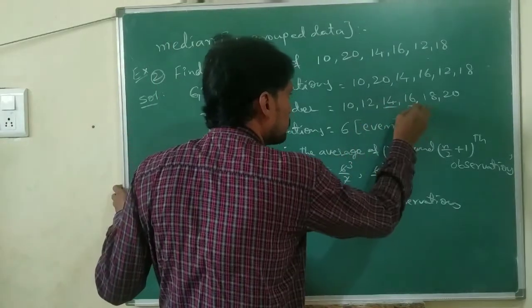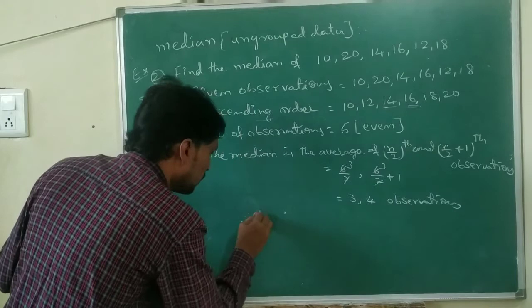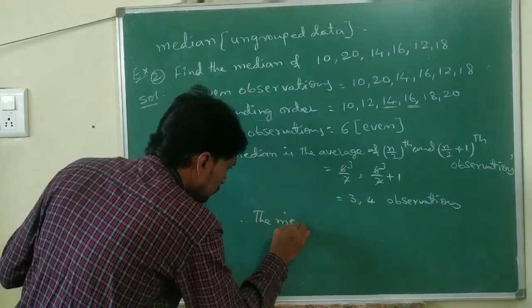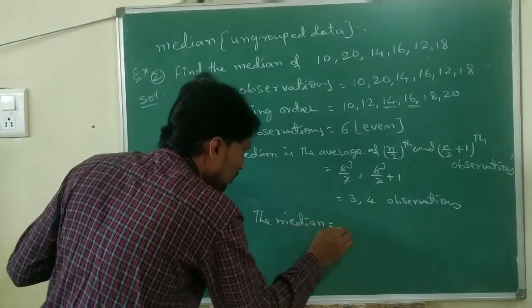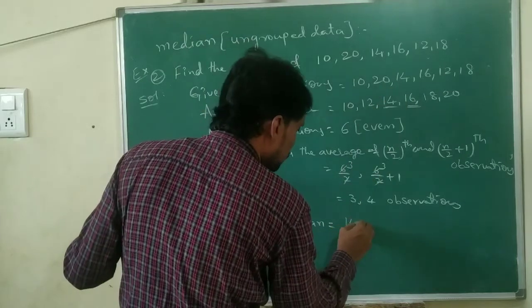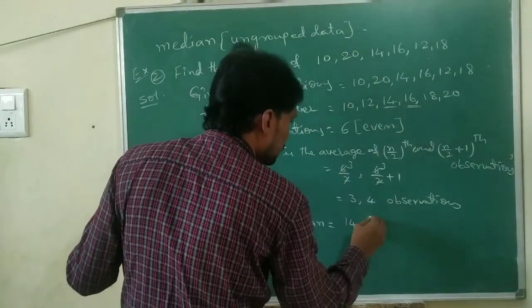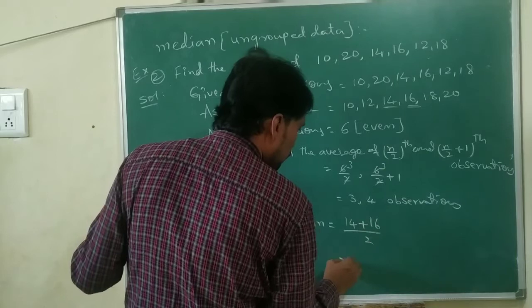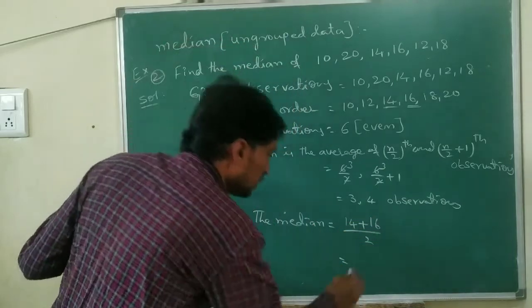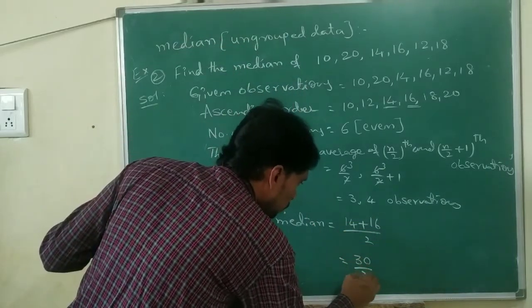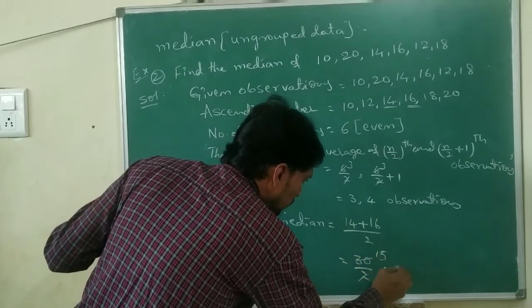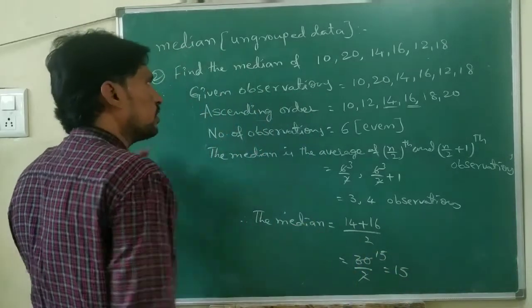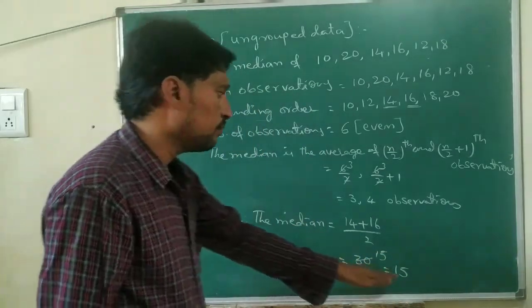And what is the fourth observation? 16. Therefore the median equals (14 plus 16) by 2, that is 30 by 2, which is 15. So for this data the median is 15.